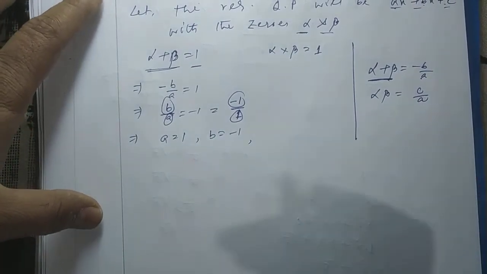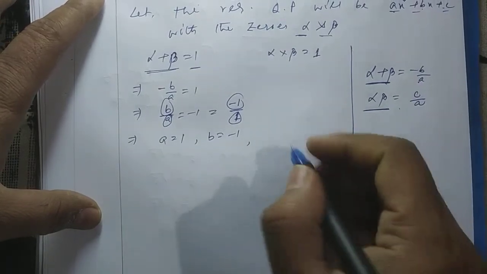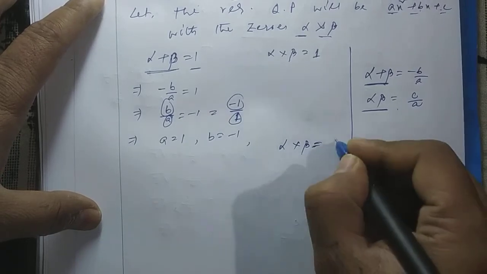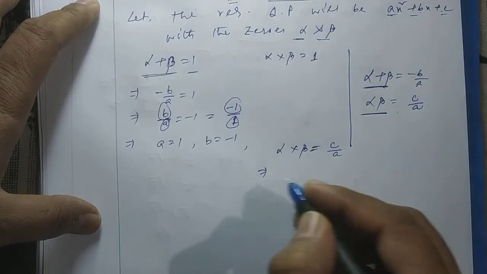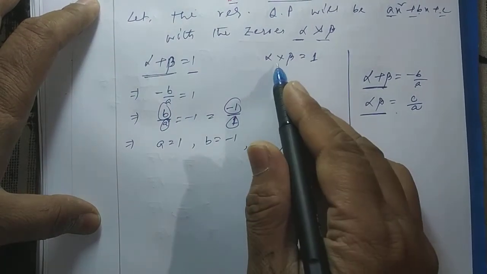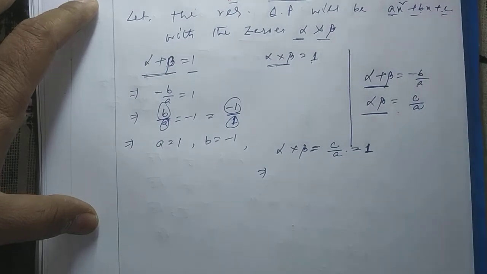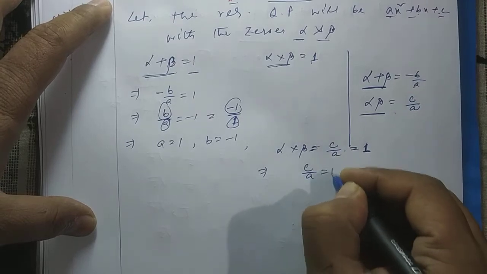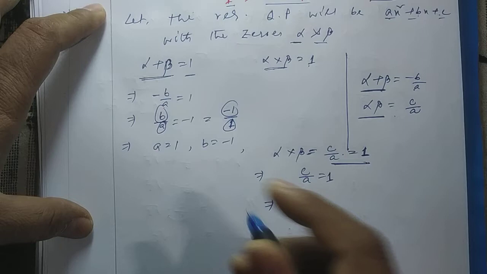How to find c? To find c, let us use the another relation. We know alpha into beta equal to c by a, correct? Also we have alpha into beta equal to 1. So we can say from here c by a also equal to 1. Correct? Now look at the previous step.